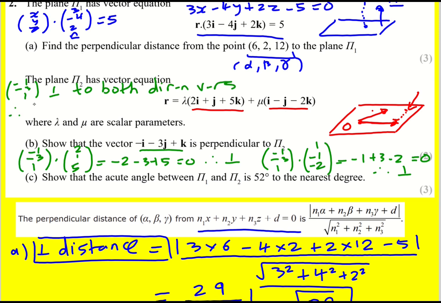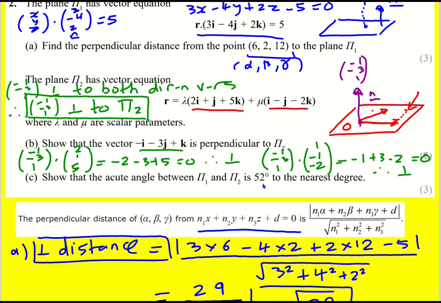Therefore, minus 1, minus 3, 1, perpendicular to pi 2. A consequence of this is that that vector, minus 1, minus 3, 1, is a normal vector. Has to be. It's perpendicular to the plane. We've just shown it.